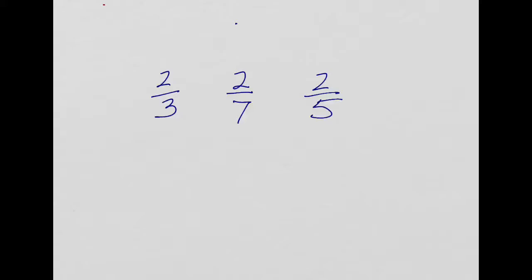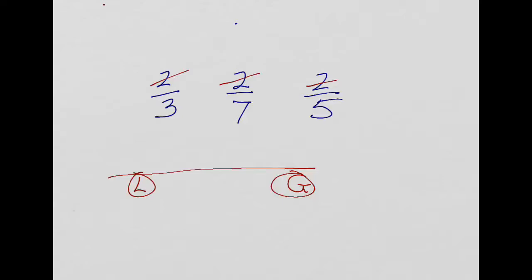In this case, the numerators are all the same. Okay. So let's take a look at the denominators down here. That's what we need to look at. We're going to go from least to greatest. Okay, so I'm just going to cross these out because those are all the same.